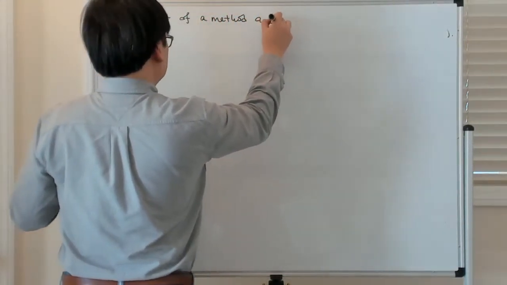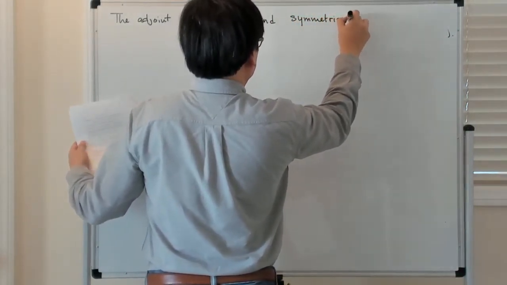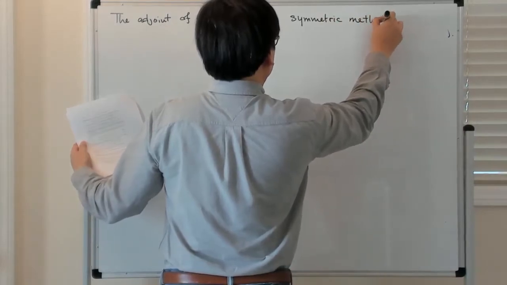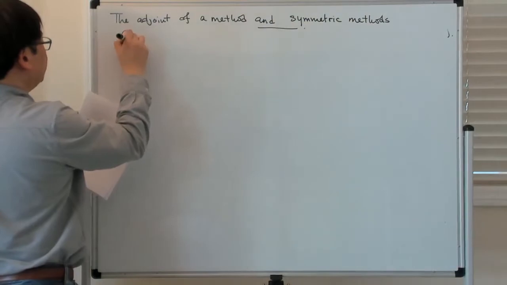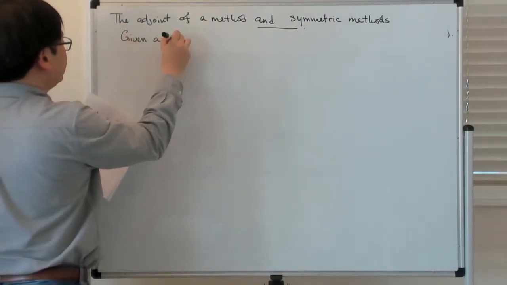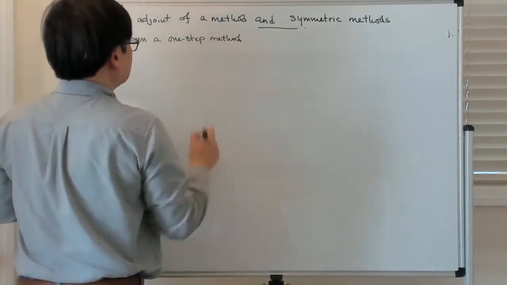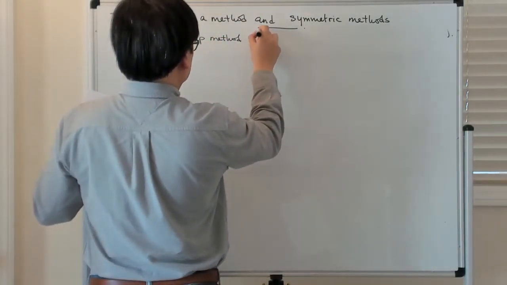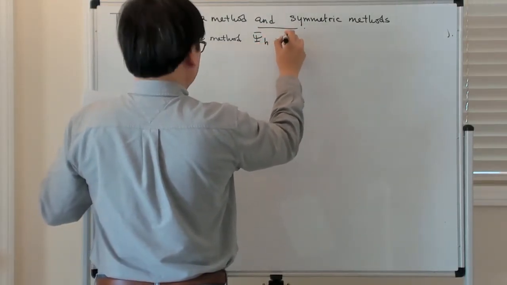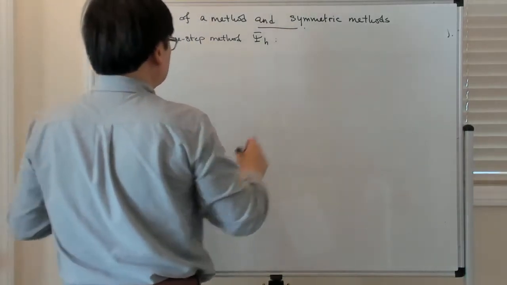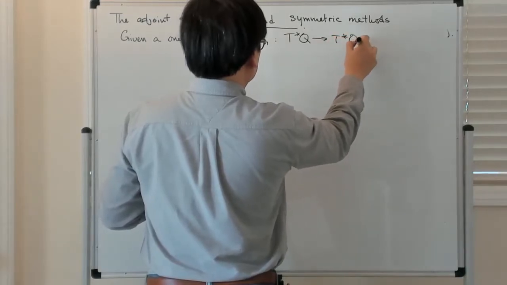So again, if you are given a one-step method, let's say psi h, which is a map from T star Q to T star Q, it doesn't really matter.